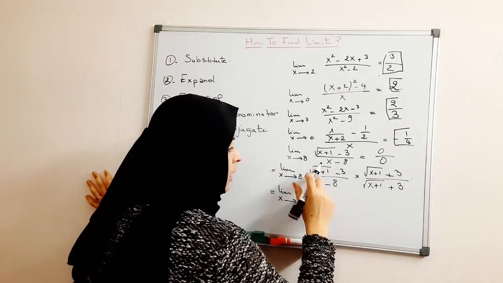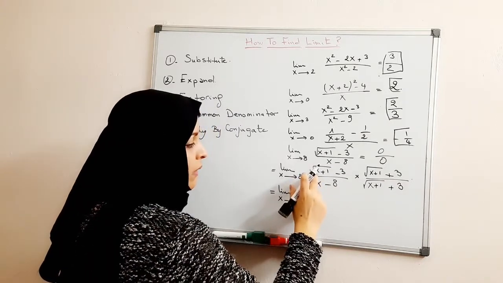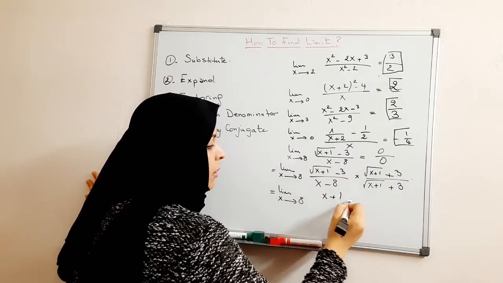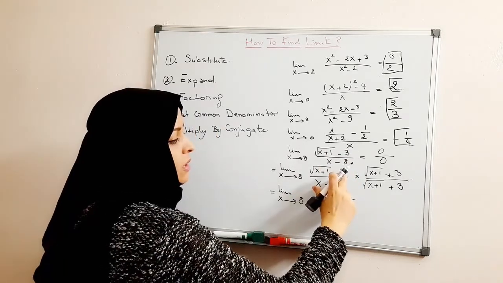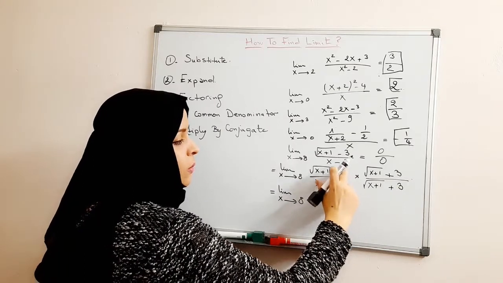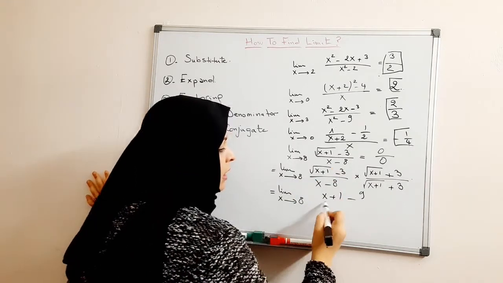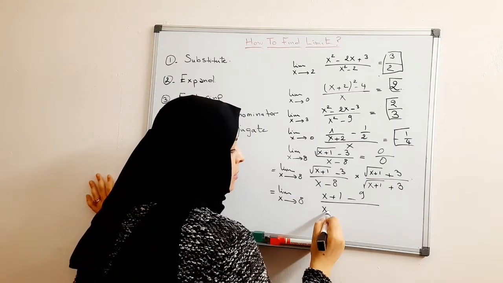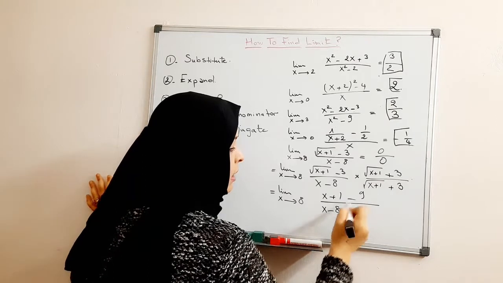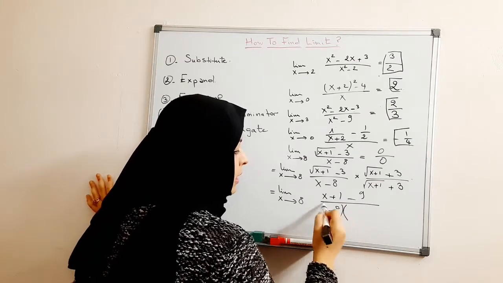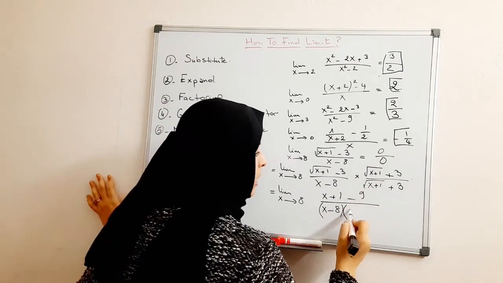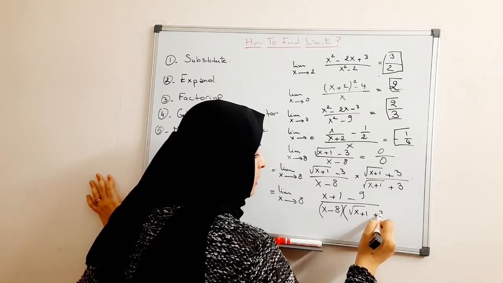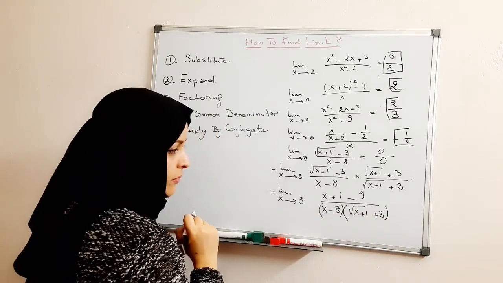So it's the square root of x plus 1 squared, it's x plus 1, minus 3 squared, which is 9, over x minus 8 multiplied by square root of x plus 1 plus 3.